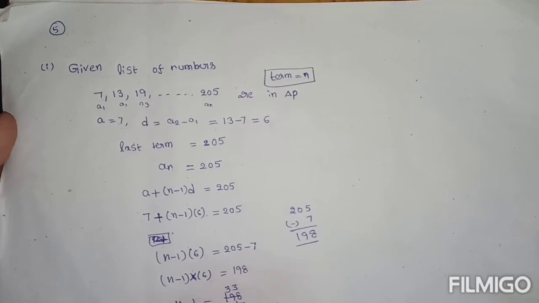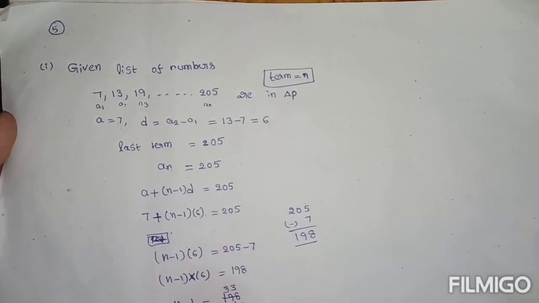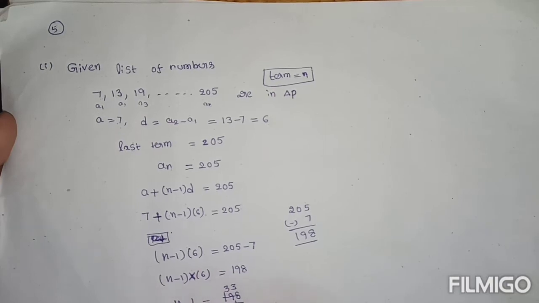What is n? n means the number of terms in the AP. So the number of terms is equal to 34.